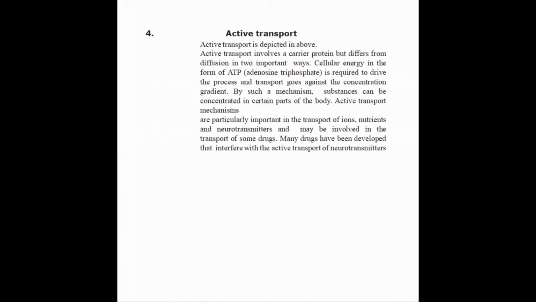By that mechanism, the product can move actively through the body. So many drugs have been developed that interfere with the active transportation of neurotransmitters. When there is excess neurotransmitter that is causing problems in the body, you can develop a drug that will reduce the active transportation of that neurotransmitter.